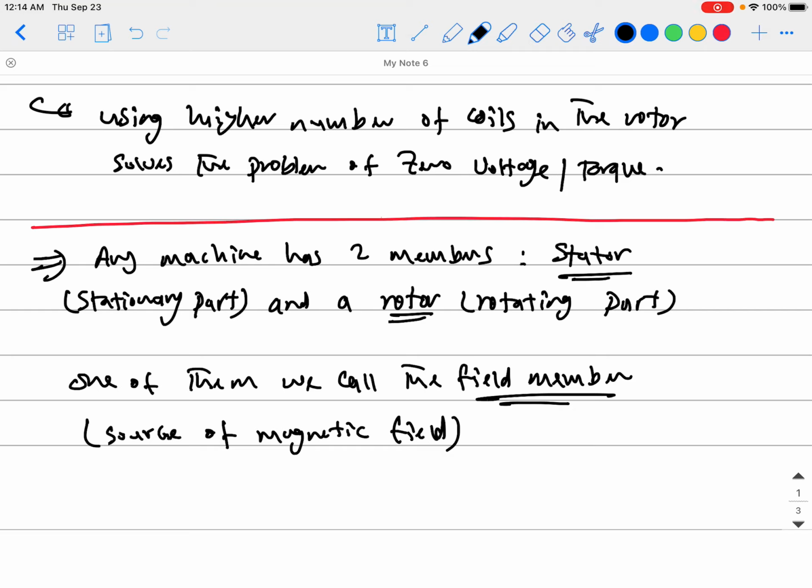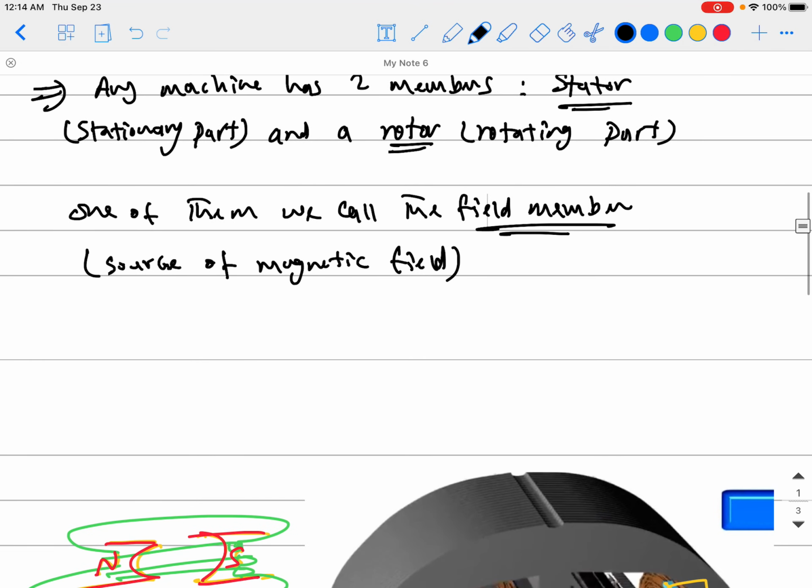If it is a motor, this movement will be the result of pushing electrical energy to this coil. Okay, guys? So our stator and rotor, one of them will be the field member. It is the source of the magnetic field. In a DC machine, like we have said all the time, it is the stator.